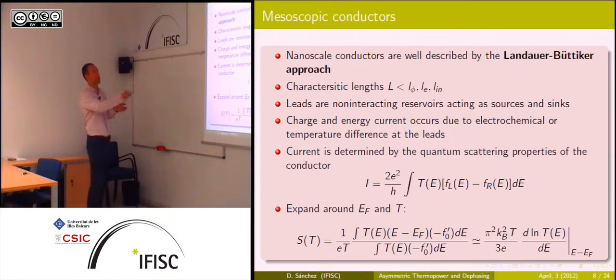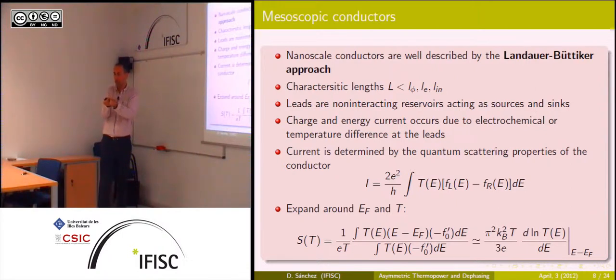This is of the order of nanometers, let's say, and the length associated with phase-breaking processes, or the mean free path, or inelastic processes, these are larger. So all transport properties are determined by the scattering properties of the small conductor.